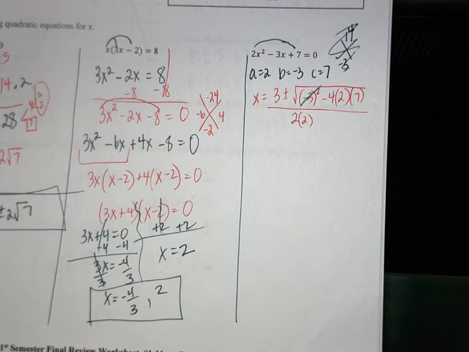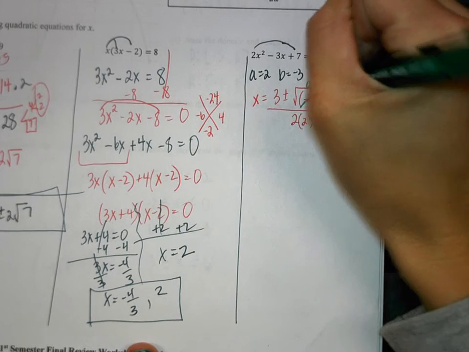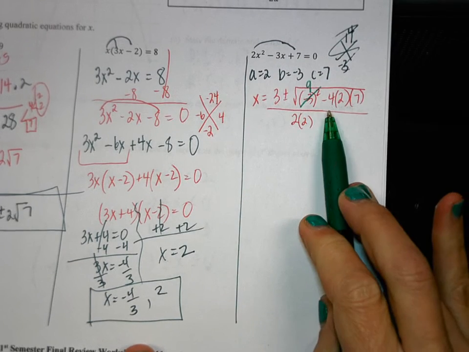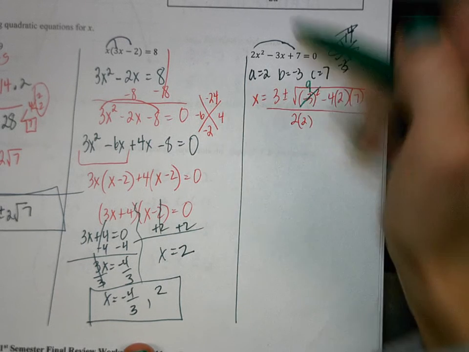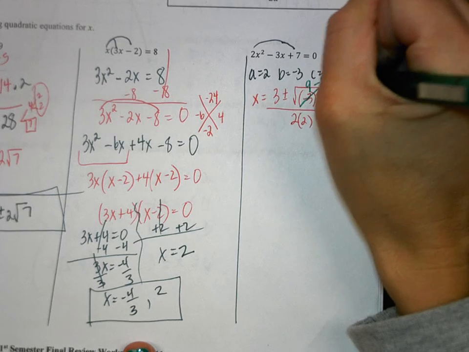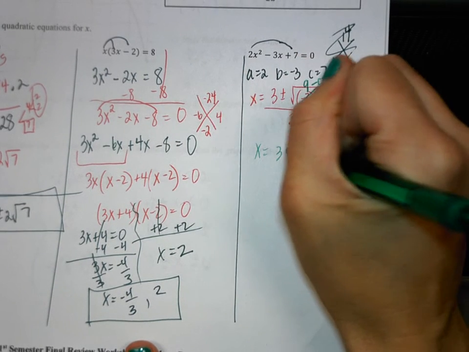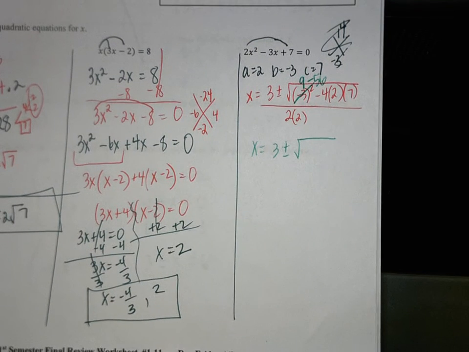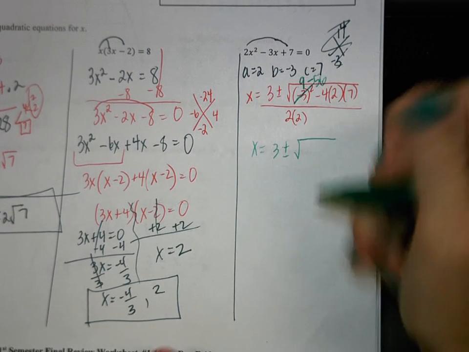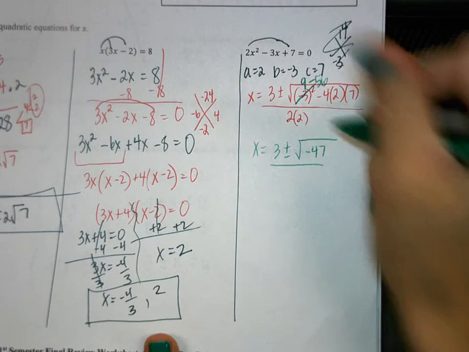So negative 3 squared is 9. And then we have negative 4 times 2, which is negative 8. And negative 8 times 7 is negative 56. So we end up getting x equals 3 plus or minus the square root. And what's 9 minus 56? Negative 47. All over 2 times 2, which was 4.